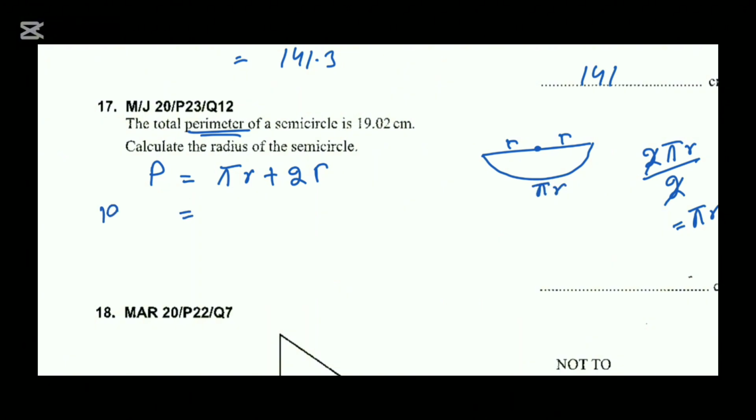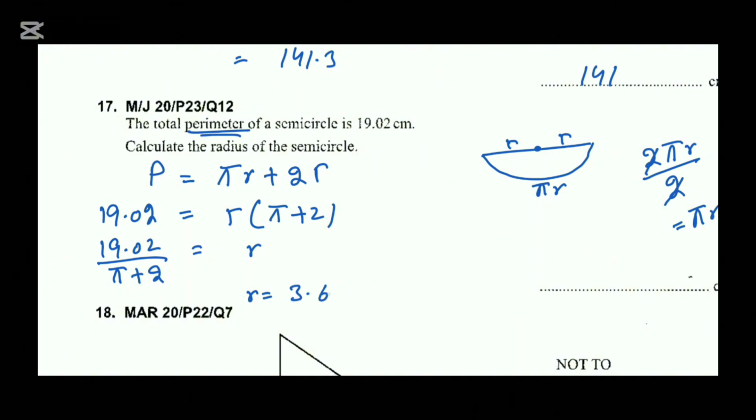So perimeter 19.02, r will be taken common. Pi plus 2 is left. r is equal to 19.02 over pi plus 2. When you solve it, you will get 3.699. 3.7 is the final answer.